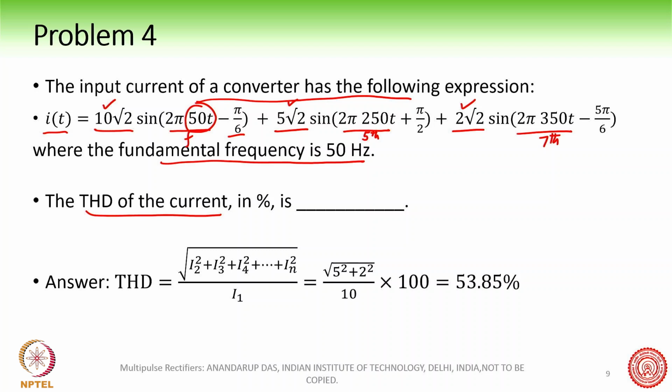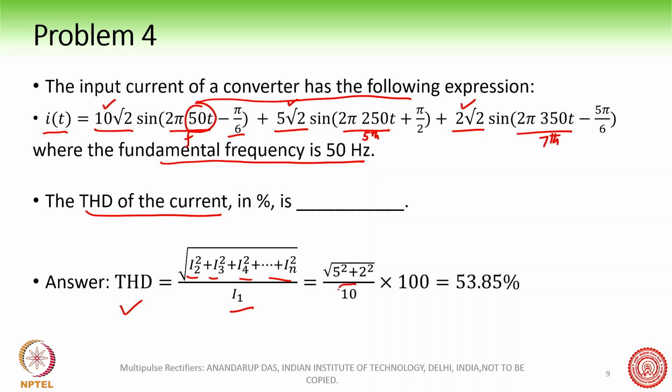What is the formula for the THD? THD means the contribution of all the harmonics divided by the contribution of the fundamental, right? So you have I2 square, I3 square like this, divided by I1. In this case we have taken the RMS values, correct?